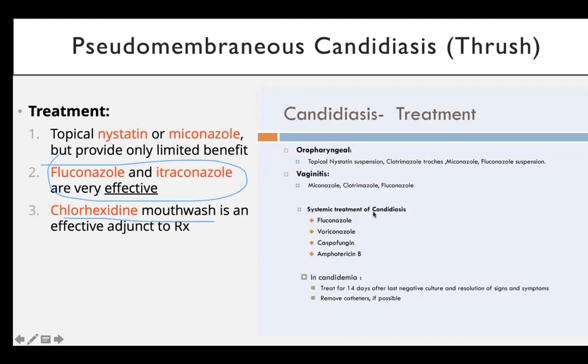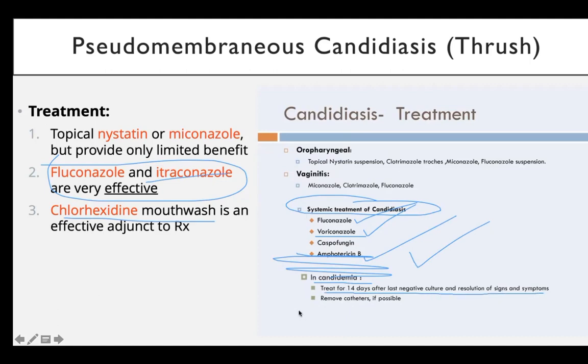And if it changes into a systemic type of candidiasis, you can also give fluconazole, voriconazole, and amphotericin B. Caspofungin, not so much. Fluconazole, voriconazole, itraconazole, amphotericin B. Candidemia, candida in blood: if you found candida in blood, treat until 14 days after the last negative culture and the resolution of signs and symptoms, and remove catheters.